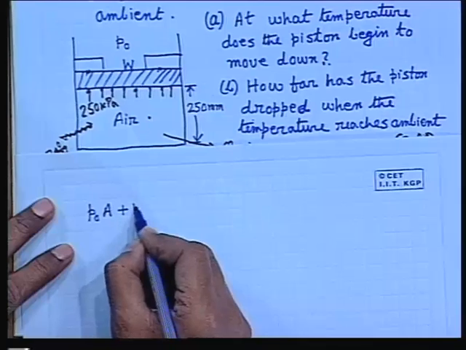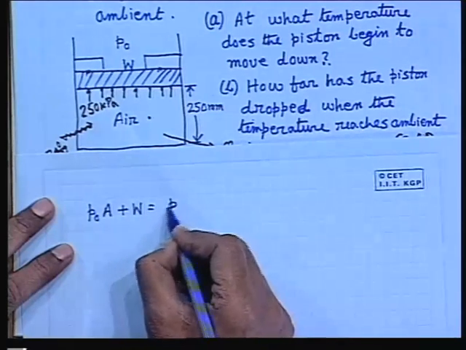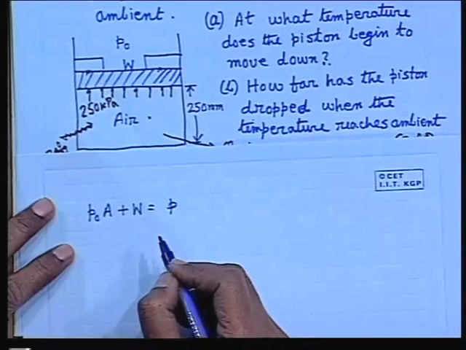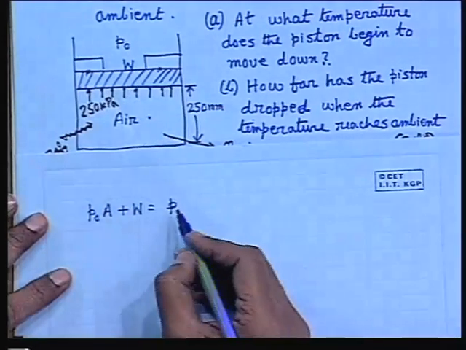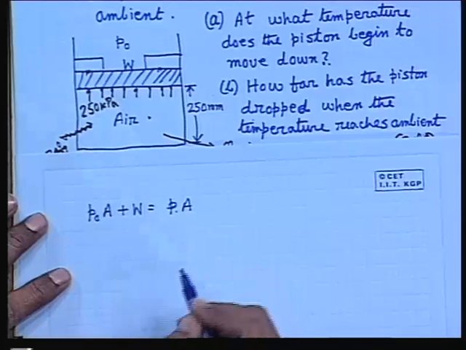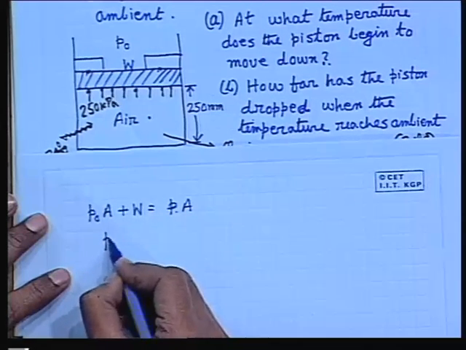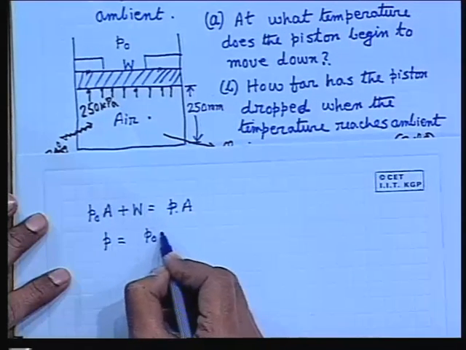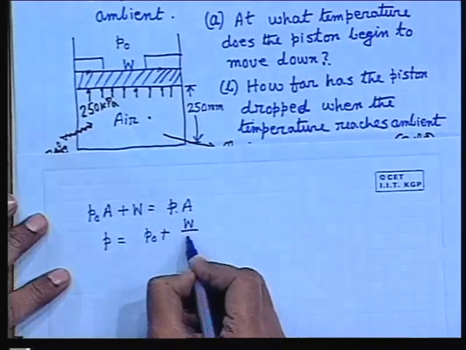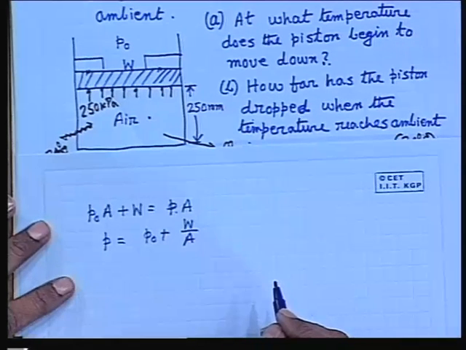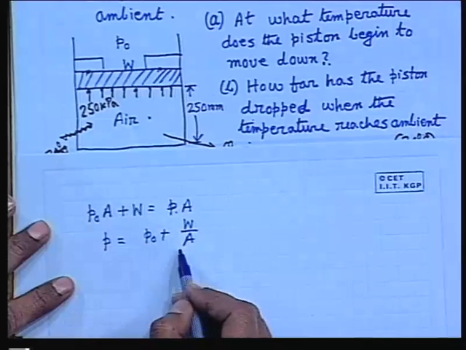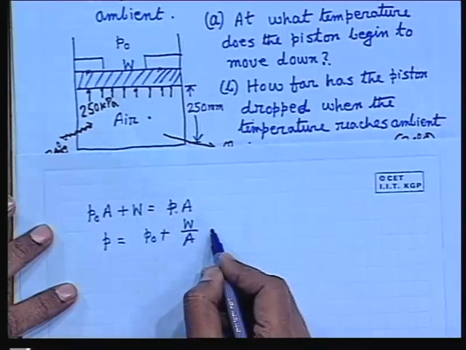So P0 times A plus W is the pressure P, when the piston will be in a position to descend down, times the area A. So therefore P is equal to P0 plus the pressure due to the weight of the piston. So the pressure of the air at which the piston will just try to descend down will be P0 plus W by A.